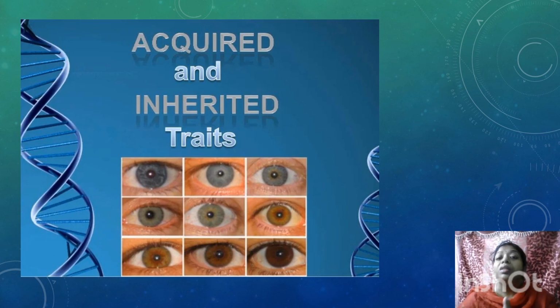This law states that the alleles of two or more genes get sorted into gametes independently of each other, and here the gamete will receive only one allele of a gene, which does not influence the alleles of another gene. So this is the law of independent assortment.